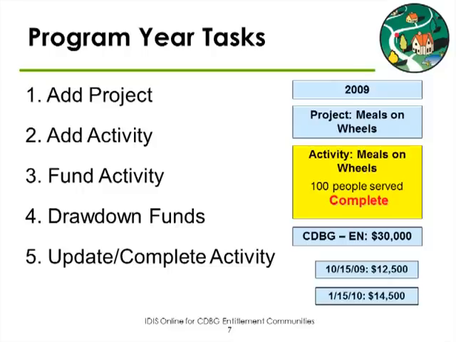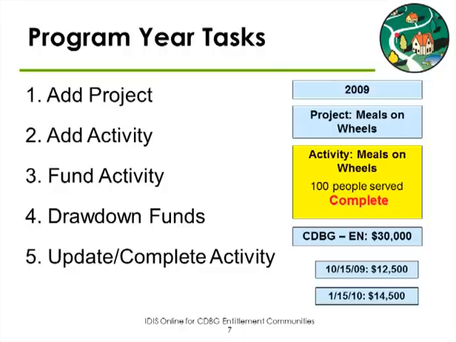At the beginning of the program year, you will need to complete the setup detail pages for an activity. Once you have the setup information entered for an activity, you can move to the next step, activity funding. Funding activities is part of the budgeting process. You are essentially taking CDBG funds from a funding source, such as your entitlement grant or program income, and committing a portion of those funds to a specific activity.